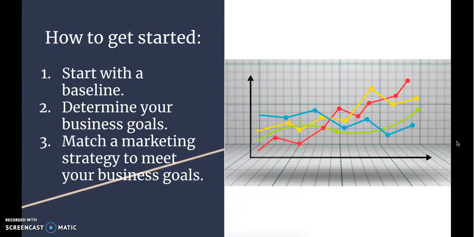You just plug in your website and you get some interesting statistics about your e-commerce site. Then you determine your business goals from that. From the baseline, you'll see where you're at, but your business goals are going to inform what you need to do in order to get to where you want to be. And then matching a marketing strategy to meet those business goals is very important.